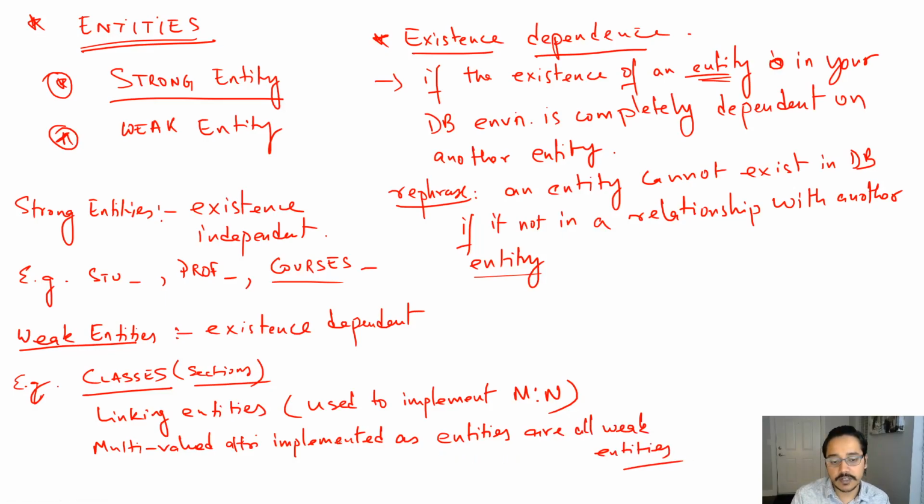You can think of other examples as well, and I hope it's clear what the difference between these two subcomponents is, based on this concept of existence dependence. And that is all there is to entities. There is no further differentiation.